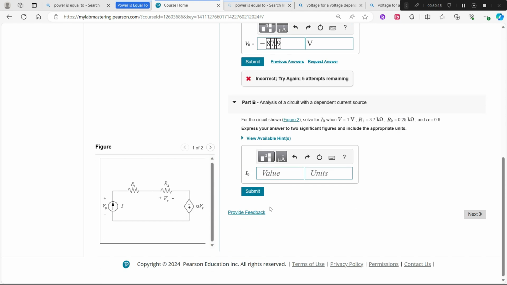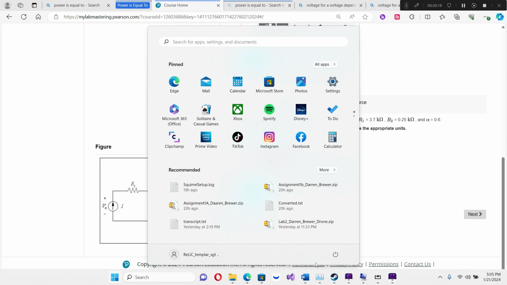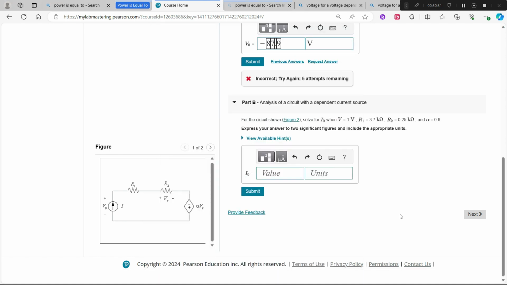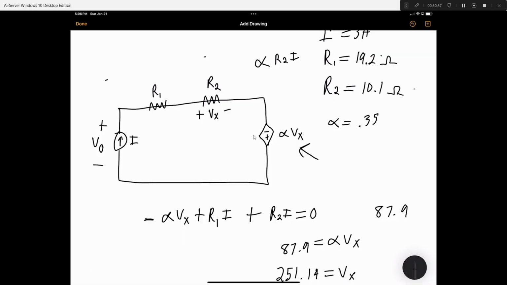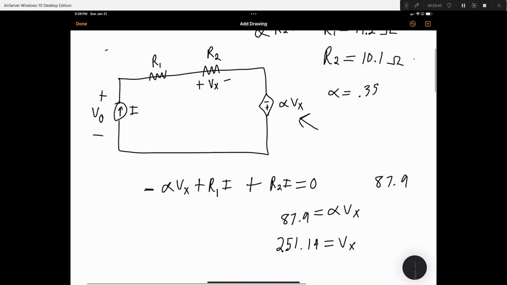Alright, I found out where I went wrong with the problem. So this voltage source here, V sub x, we're given V sub x here.